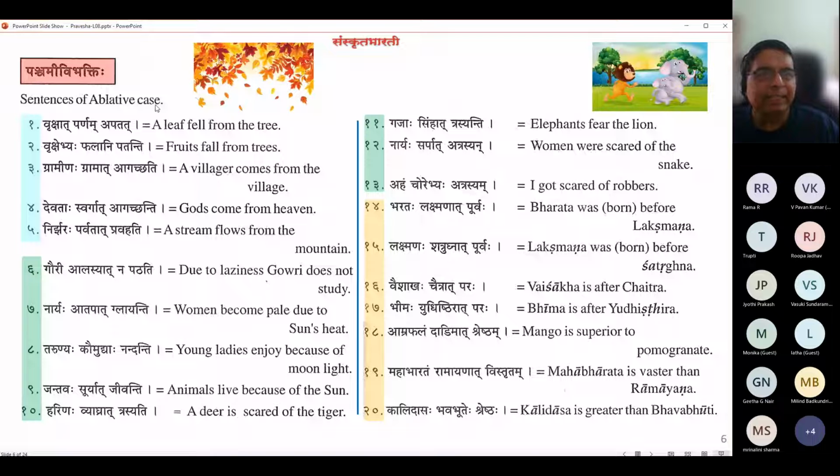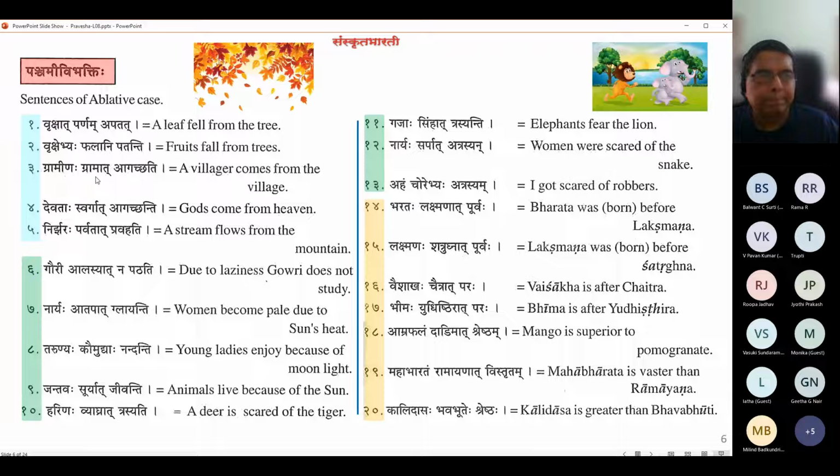Ablative is the English technical word for Panchami. Continue, sir. Vrukshat parnam apatat. A leaf fell from the tree. Vrukshebhyah falani patanti. Fruits fall from trees.